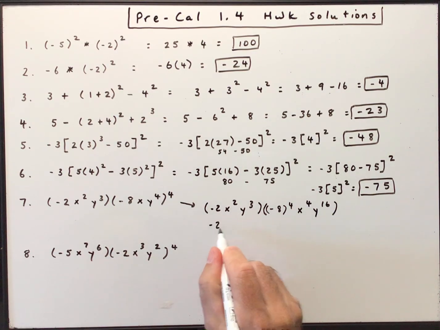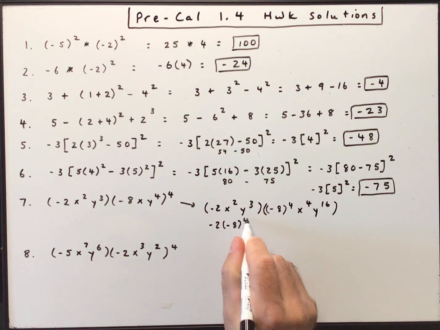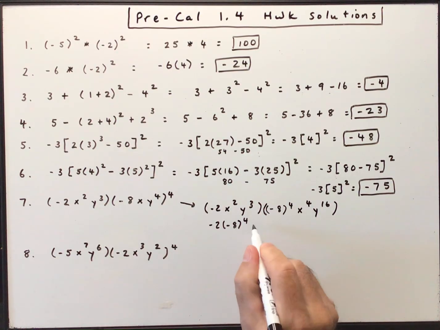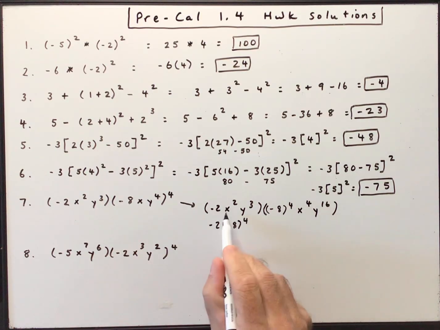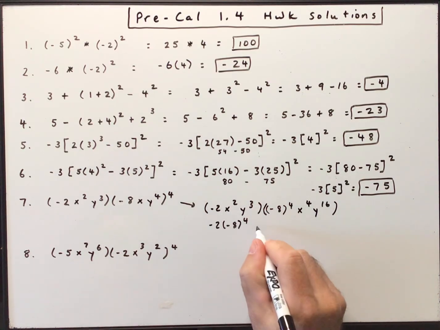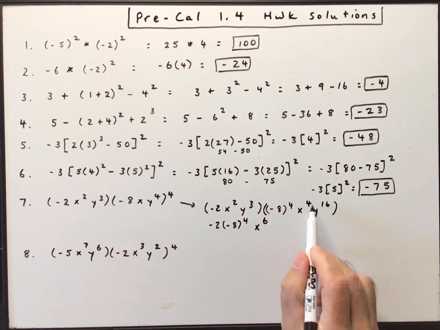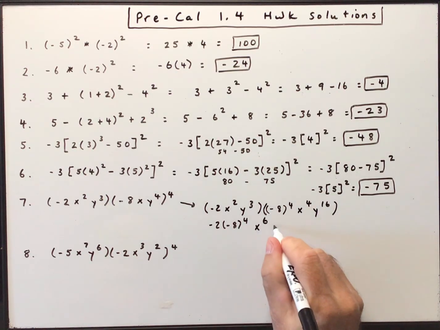So that's negative 2 times negative 8 to the 4th times x squared times x to the 4th. You want to have the same base. When you multiply, then you would just add. So 2 plus 4 is 6. And then y cubed times y to the 16th would be y to the 19th.